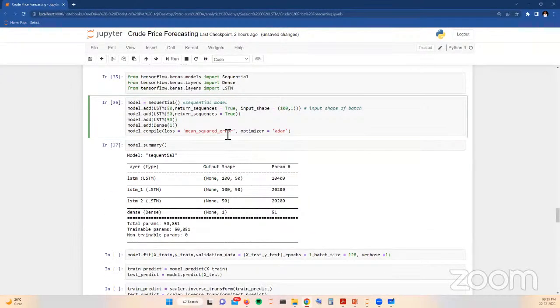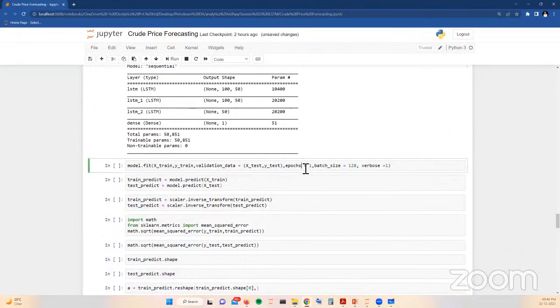Using my loss function as mean squared error, the optimizer is Adam. And let's go train our model. I'm just using one epoch because it will take a lot of time for training. Let's train it for one epoch here.